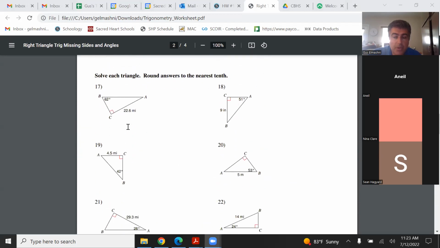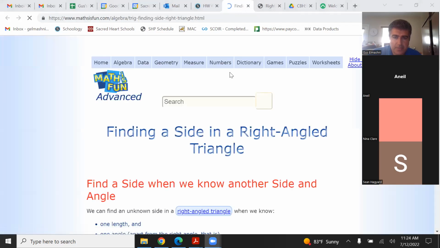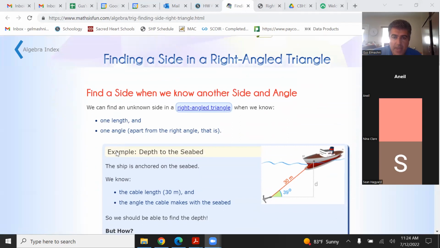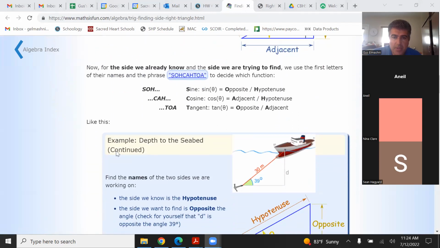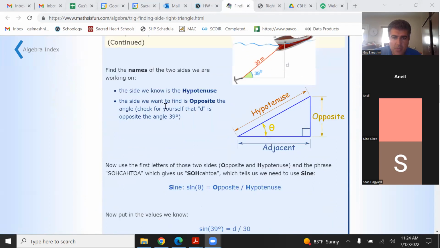But again, you're going to be using trigonometry. And if you guys get stuck, I did put a couple of links to help. I mean, obviously, if you have our notes, you have the one video I shared, that's not my video. Finding a side in a right-angled triangle tells you what you need to do, tells you about SOHCAHTOA, and just works it out for you.